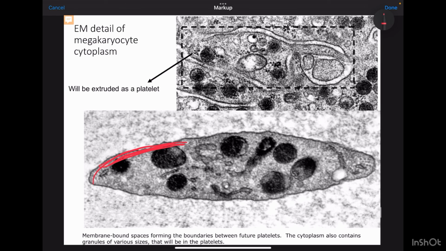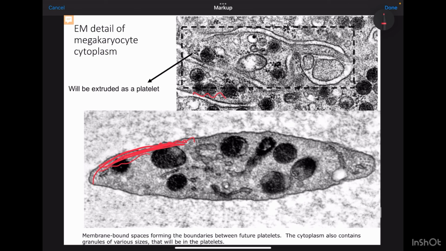It can be divided into small compartments by invaginations of the plasma membrane. These invaginations are called platelet demarcation channels. Okay, in here in the plasma membrane, we will get the platelet demarcation channels.